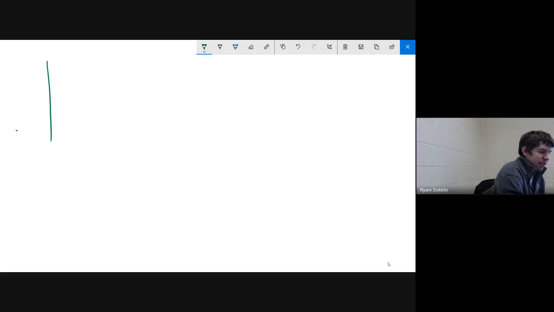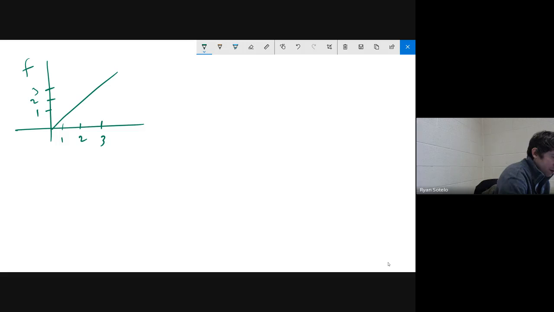So let's say here's f again. This graph isn't great, but let's say at 2, it's at 1.5, or somewhere around there.